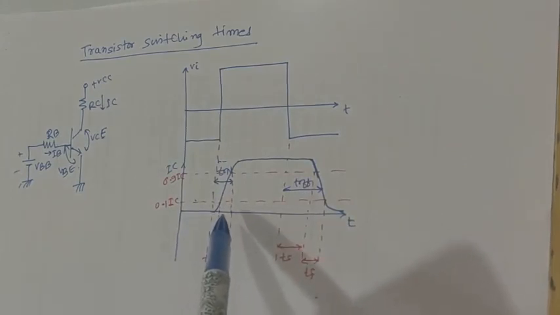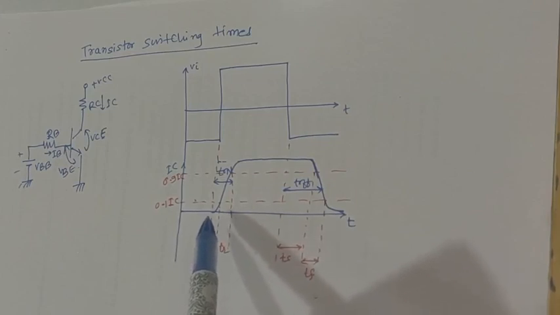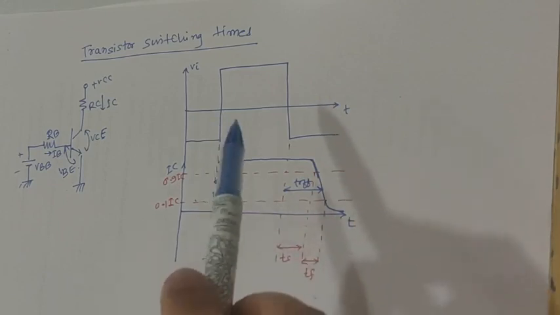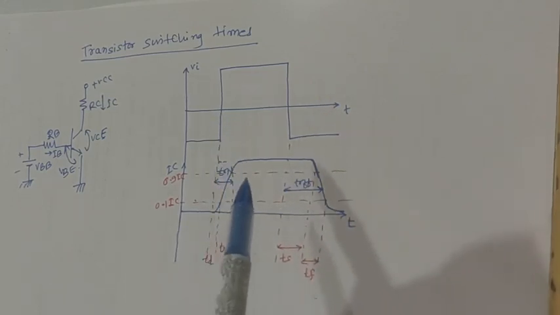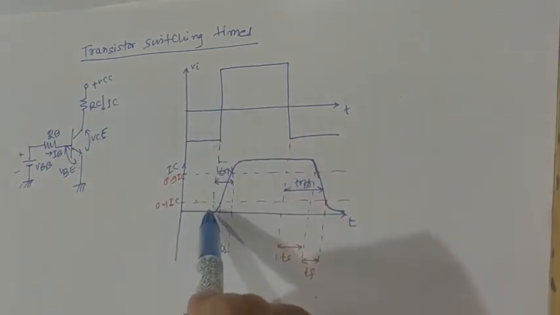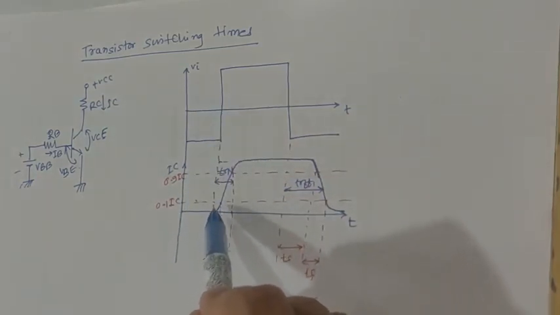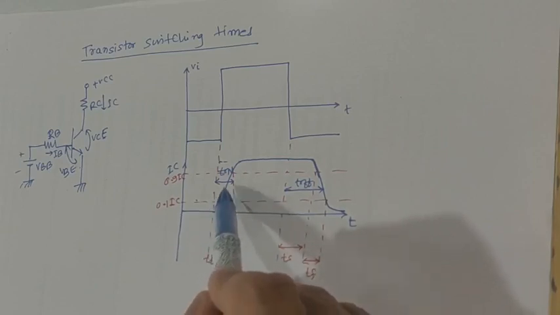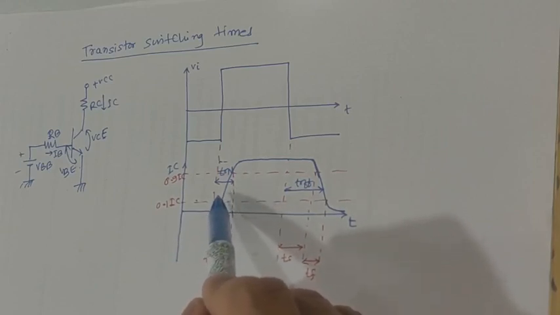Now remember this. The collector current does not respond to the input immediately. Instead, there is a delay, and the time that elapses during this delay, together with the time required for the collector current to reach from 0% to 10% of its maximum, is called the delay time.